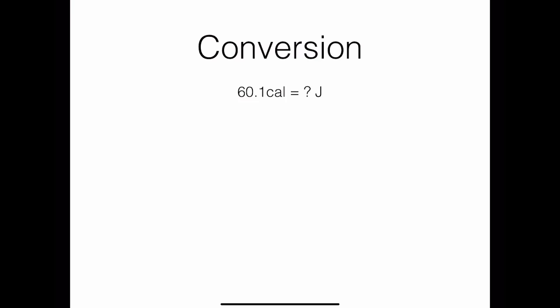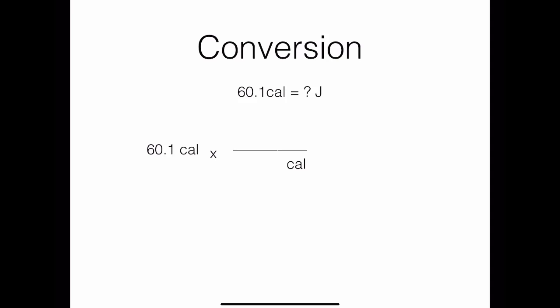So if I'm asking you, how many joules are in 60.1 calories? We follow the same format we've done with all of our other conversion type problems. We start with our given piece of information, which is 60.1 calories. And remember, we're multiplying that by a conversion factor. We draw our line, and on the bottom of our line, we're going to put calories.